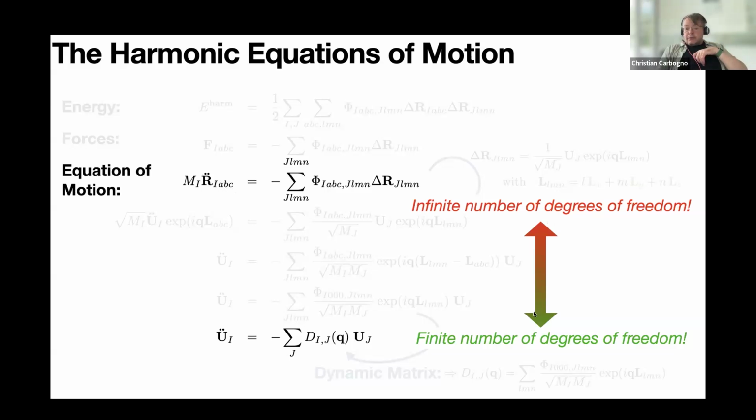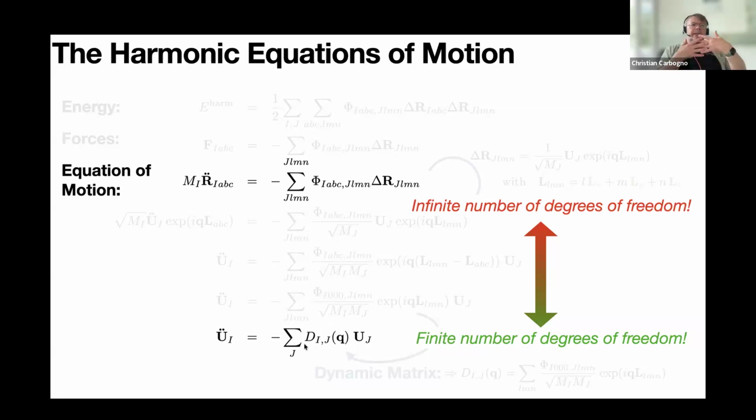By doing this transformation, we have transformed the problem to just the atoms in the unit cell. So we now have a finite number of degrees of freedom. There's a downside, however: this matrix has a dependence on q. So we have to solve this problem for all q points in the first Brillouin zone.